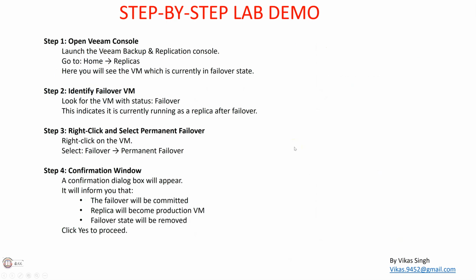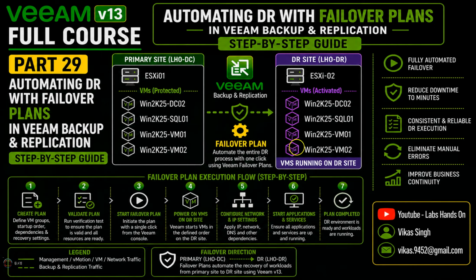Our primary site is protected as of now, and Veeam Backup and Replication is replicating the virtual machines here. We created a failover plan in the last video. In this video we will validate the plan, start the failover, power on the VMs on the DR side, configure the network and IP settings, start applications and services, and complete the plan. This is going to be our failover direction.